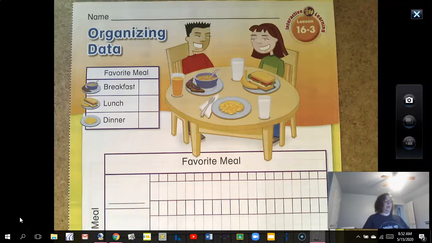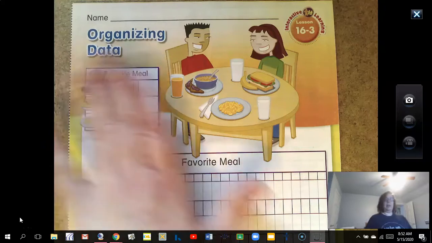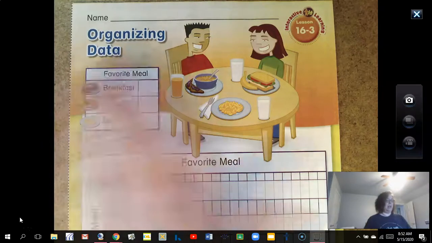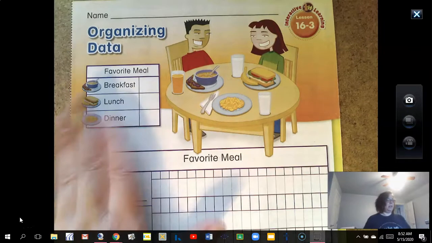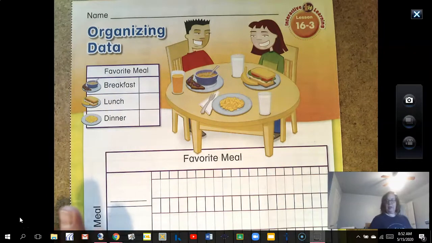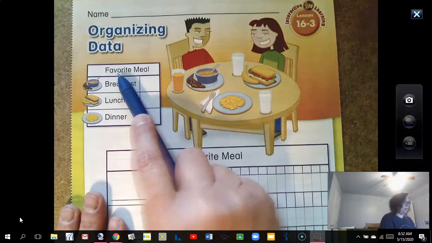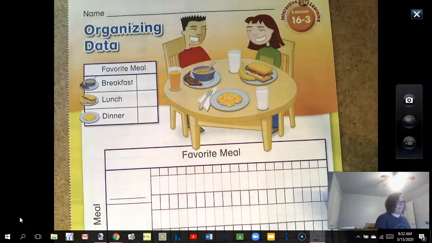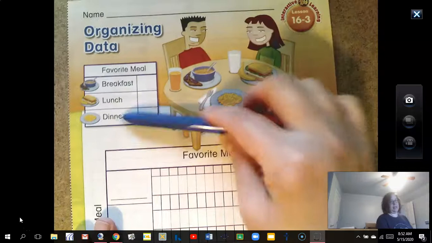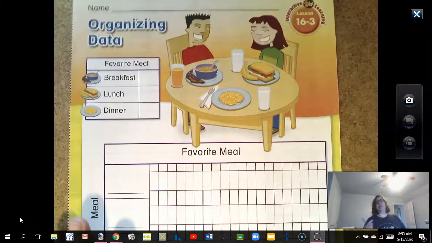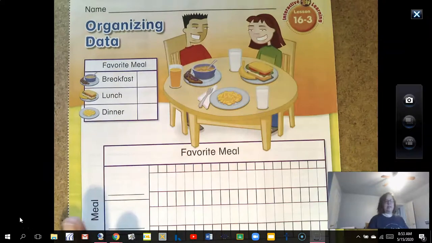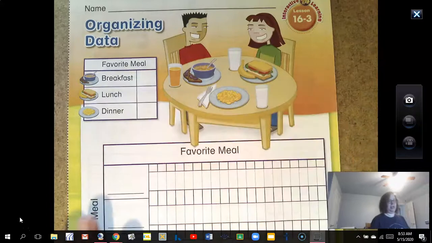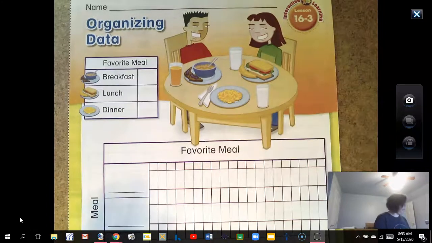And for this particular one, our information is up here, in this little table or chart. So up here it says favorite meal. Now, they didn't give us any information because in the classroom we would usually just see whose favorite meal is breakfast, who has a favorite meal of lunch, who thinks dinner is their favorite meal.